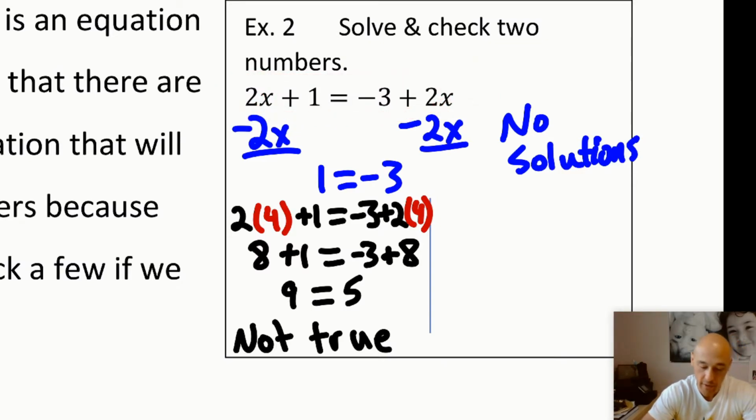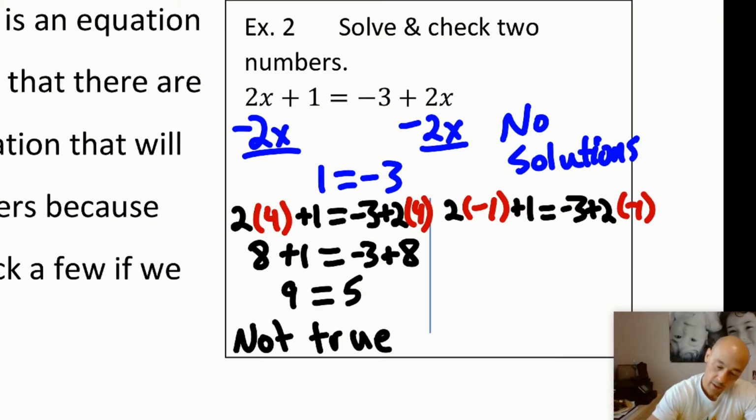We're going to try some other answer, just some other number, just to see if it works. How about negative 1? Negative 1 plus 1 is equal to negative 3 plus 2 times negative 1.